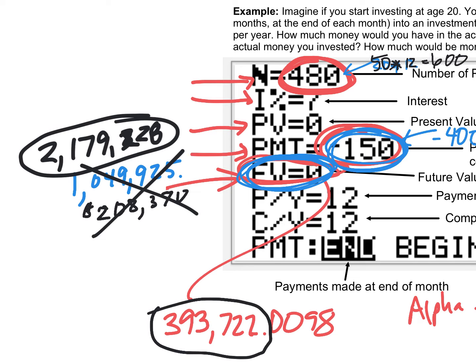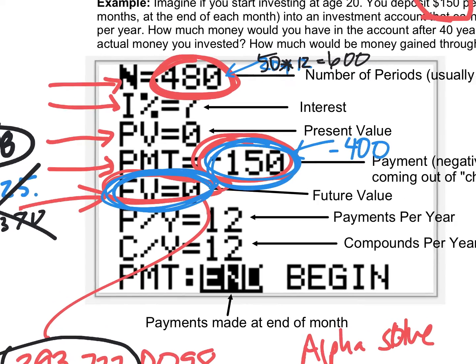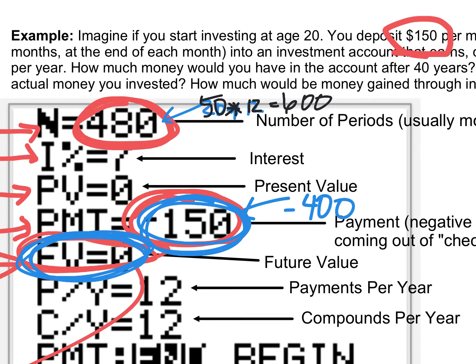So let's imagine one of the next Warren Buffetts of the world is sitting in the room right now. Would you please go and change this top number to, instead of 50 years, he's 90 and he started at about 15. So that would make 75 years. 75 times 12 months.